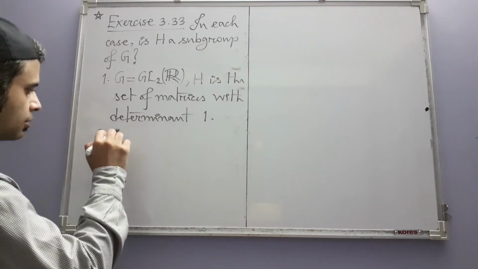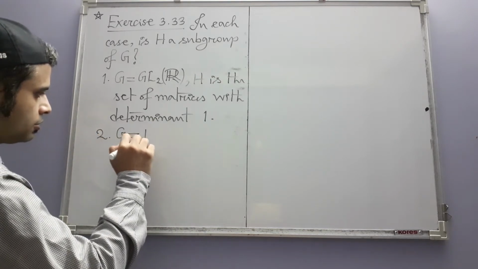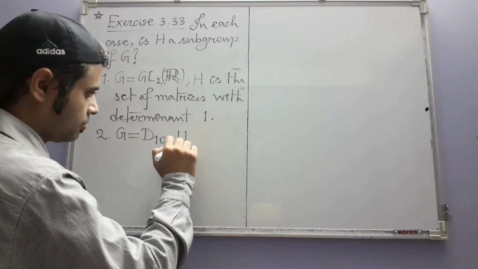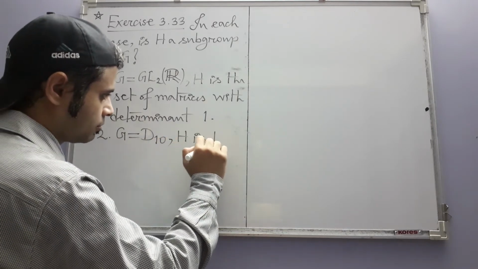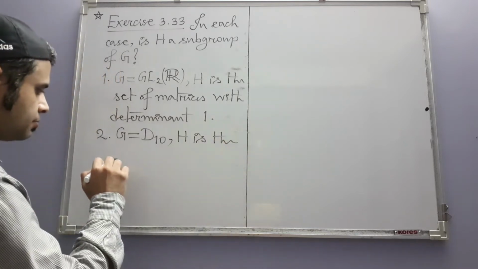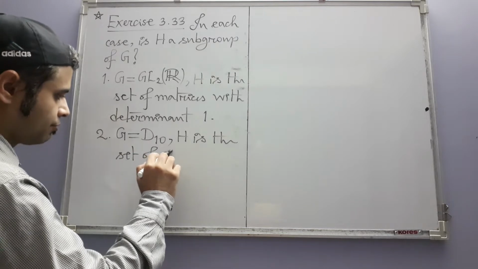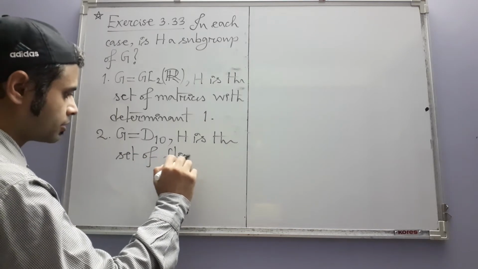And the second one, G is the dihedral group D10 and H is the set of flips, reflections.